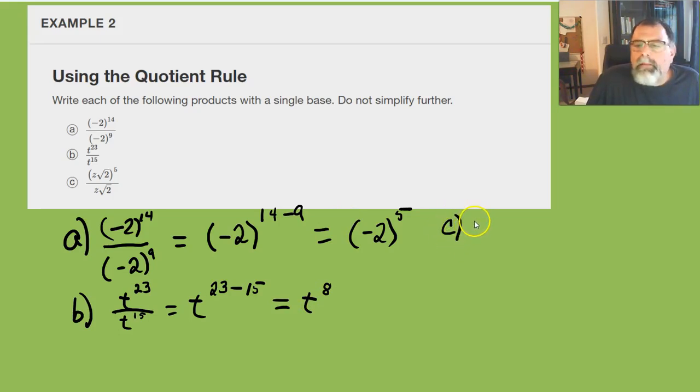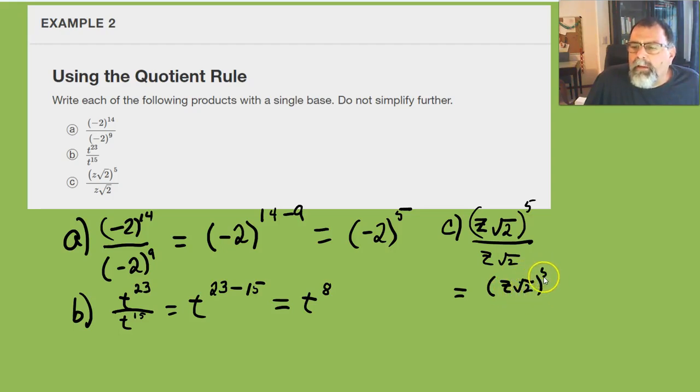All right, and then C, we've got z square root of 2 in parentheses to the 5th divided by z square root of 2, and then that's it. So remember what I was saying before. Our base on the top is z square root of 2, this whole thing.